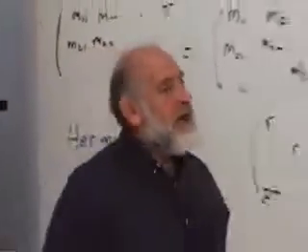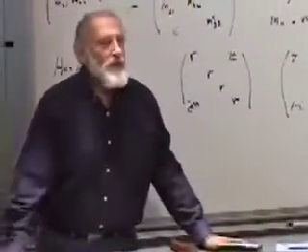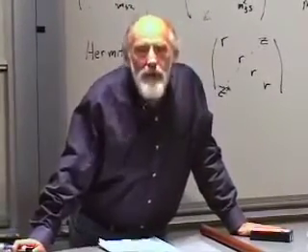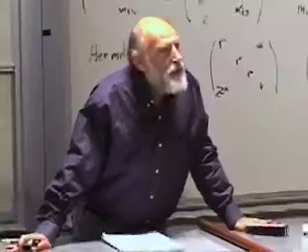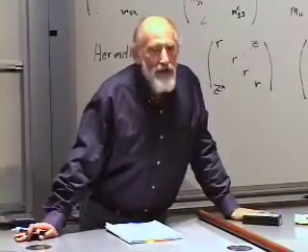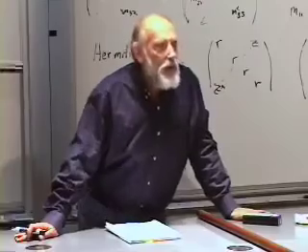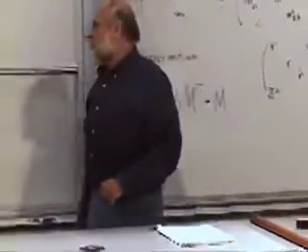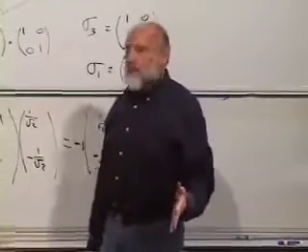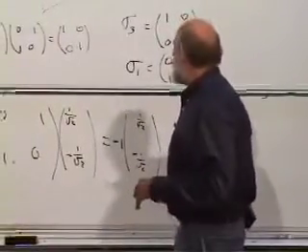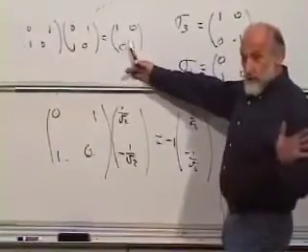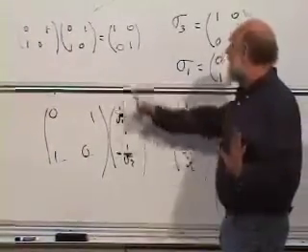Now that's kind of an interesting fact. Notice that it's also true of the eigenvalues of the matrices. They were both plus and minus 1. If the square of a thing is 1, it stands to reason that it's either plus or minus 1. Well, for matrices, in particular 2 by 2 matrices like this, but matrices in general, if the square of a matrix is the unit matrix, it's called 1.